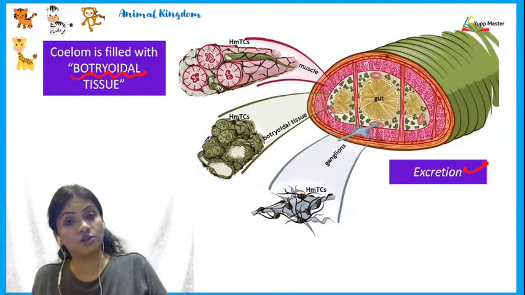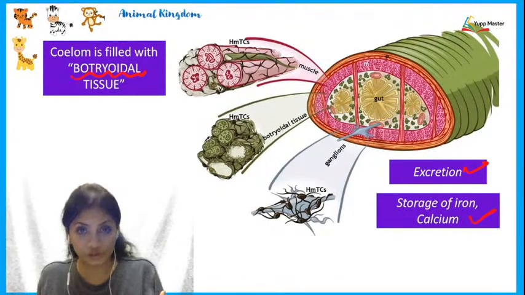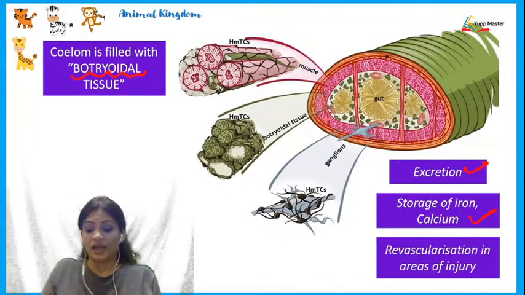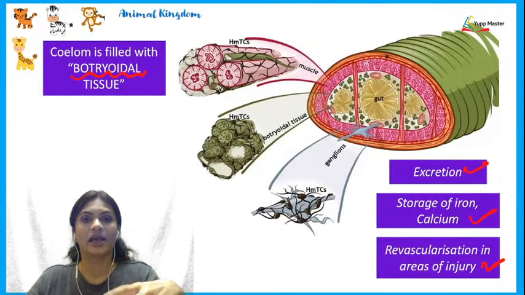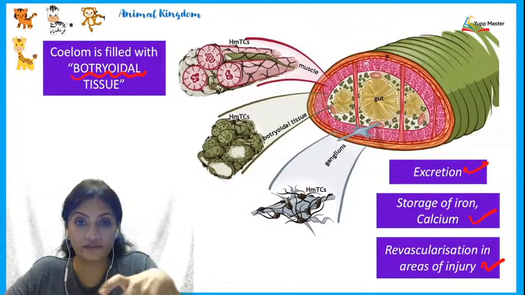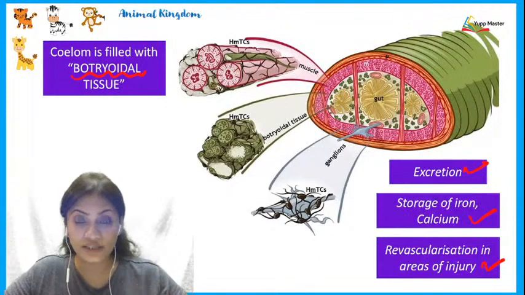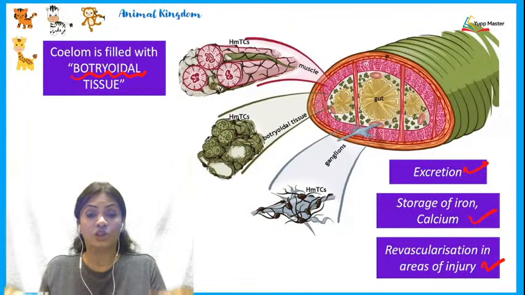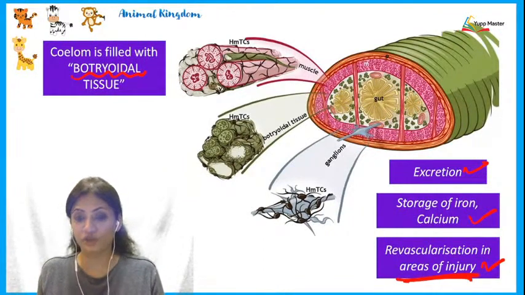They could also be storing iron, storing calcium, and also performing functions like revascularization. What do you mean by revascularization? Re means again, vascular means the blood vessels. So basically it is the formation of new blood vessels if there is any injury in that region. So there will be revascularization in any area where injury is present.